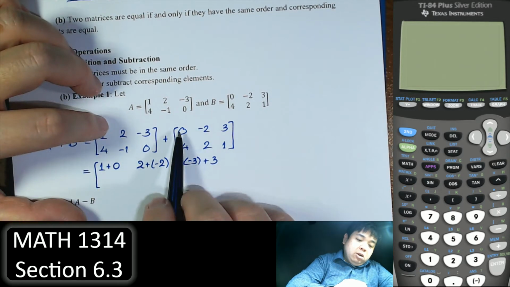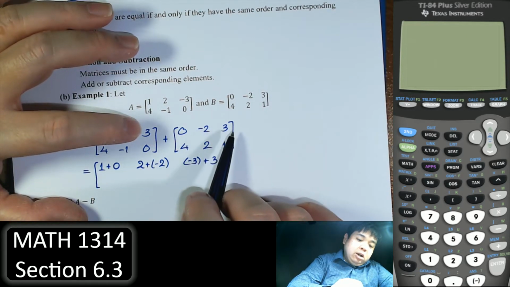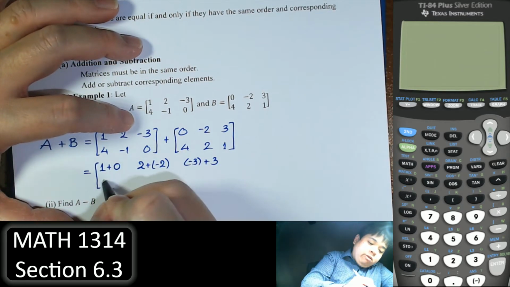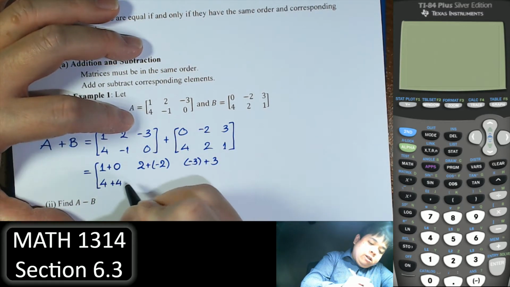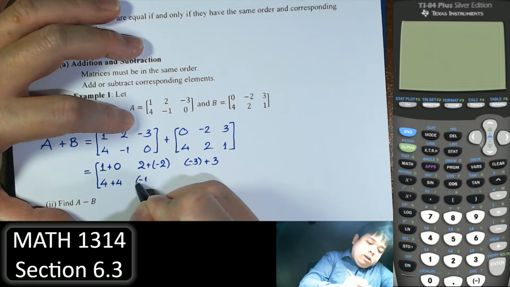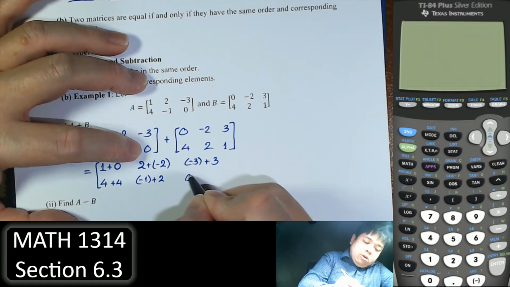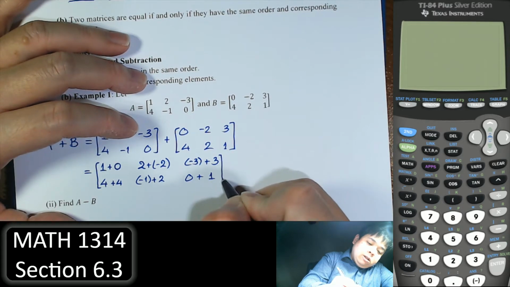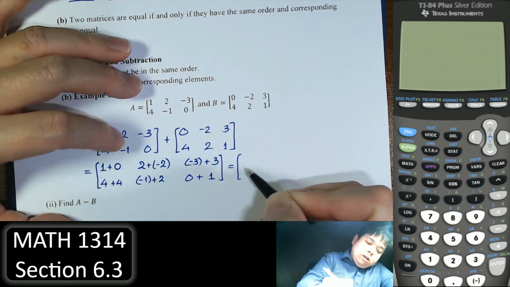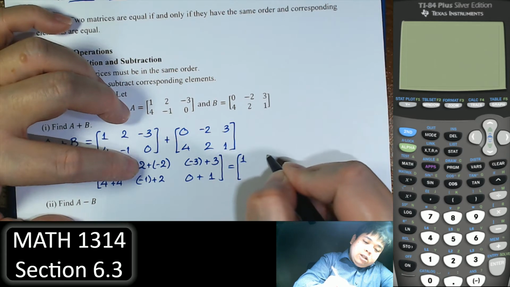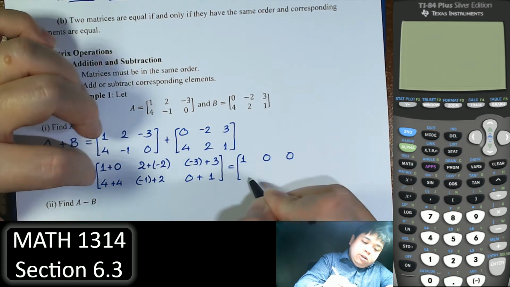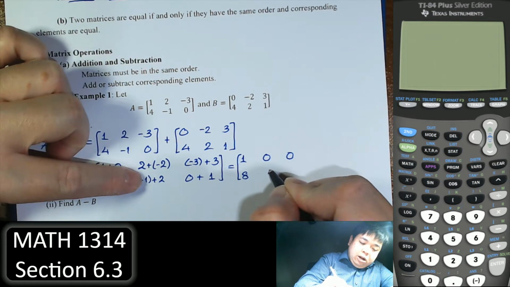So 1 plus 0, 2 plus negative 2, negative 3 plus 3, 4 plus 4, negative 1 plus 2, and 0 plus 1. That gives us 1, 0, 0, 8, 1, and 1.